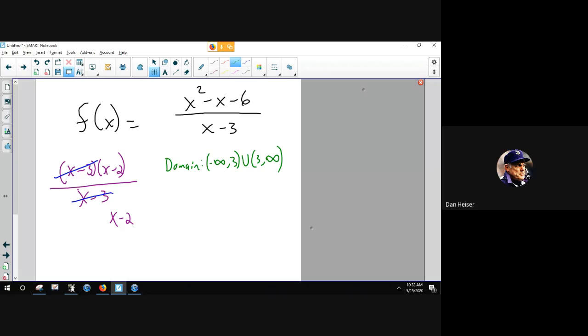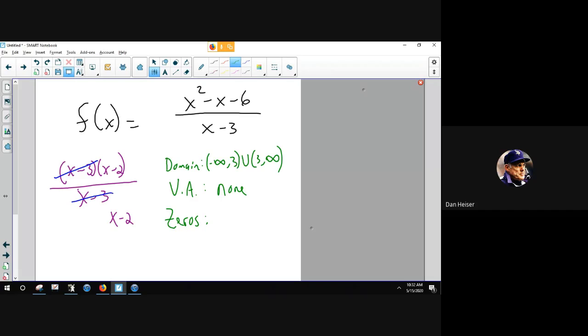Let's move on to vertical asymptote. I'm going to confuse you again and say there's none. There is none. There's not a vertical asymptote here. I'll explain why shortly.